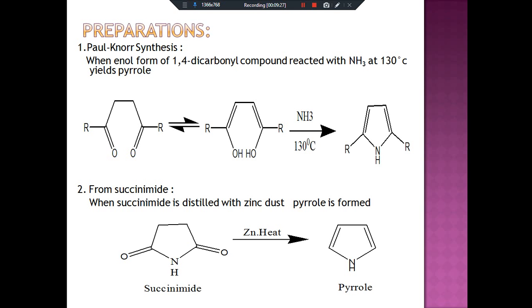Coming to preparations of pyrrole, pyrrole can be best prepared by one method known as Paal-Knorr synthesis. One of the most important methods, Paal-Knorr synthesis.